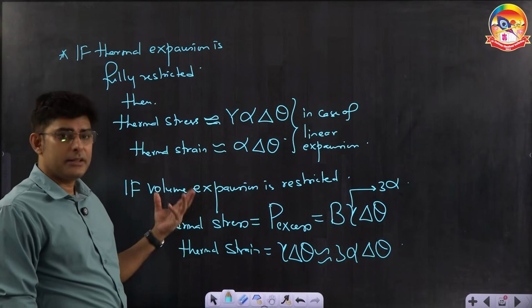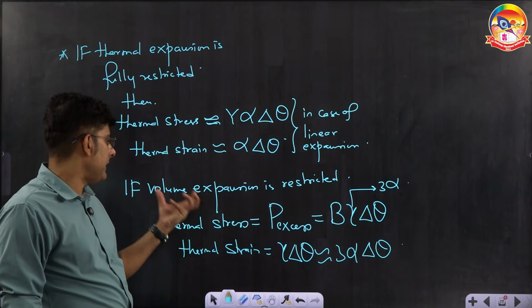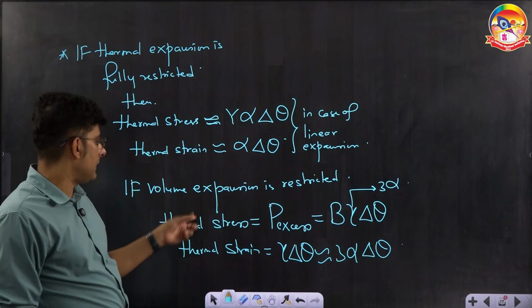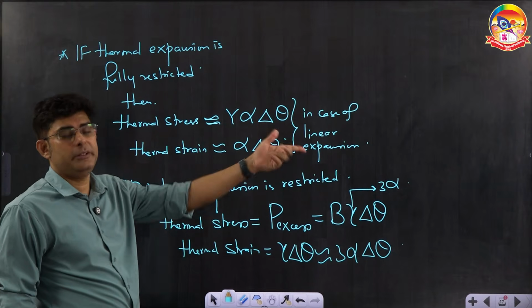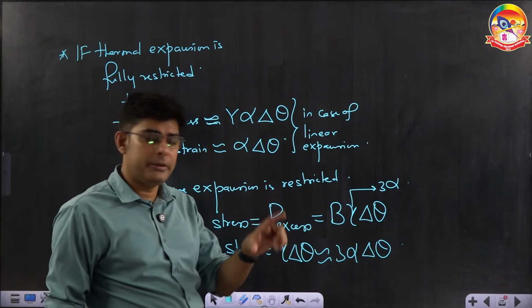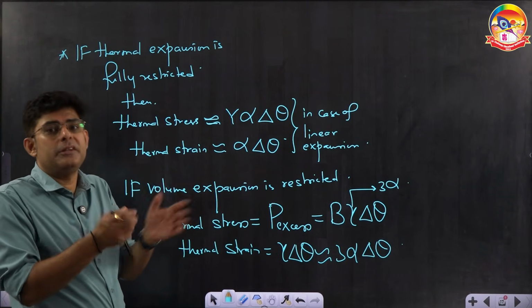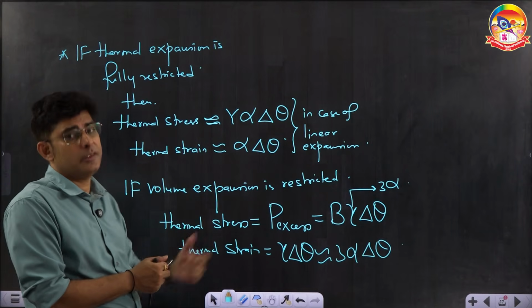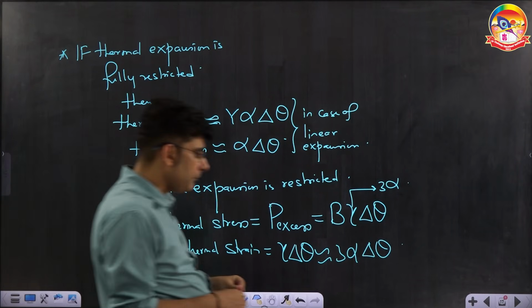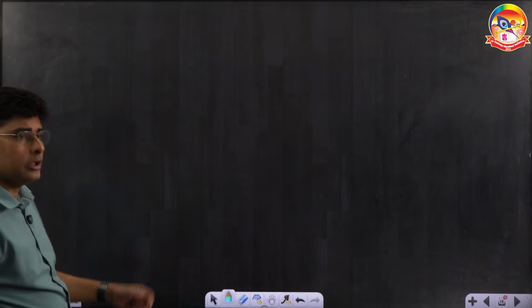If they ask you what is the external force providing this stress, we can write force is equal to stress into area, and that will be the force developed from inside also. Internal force developed is also this. Okay. So this was about thermal expansion in solids.